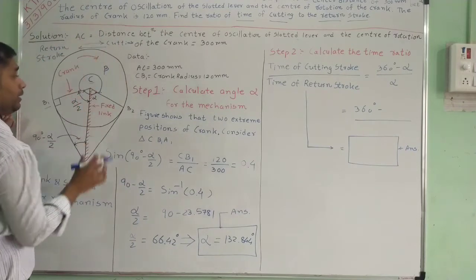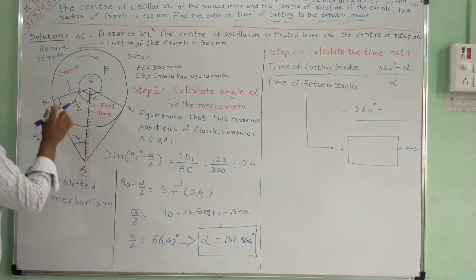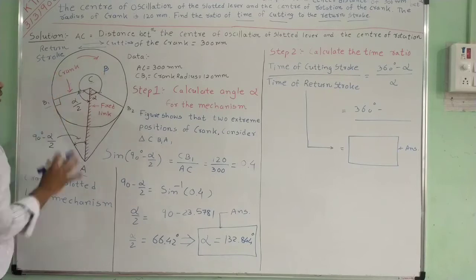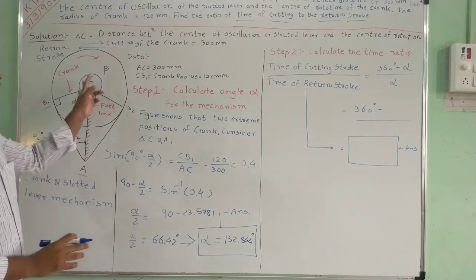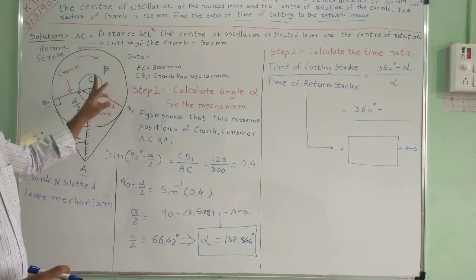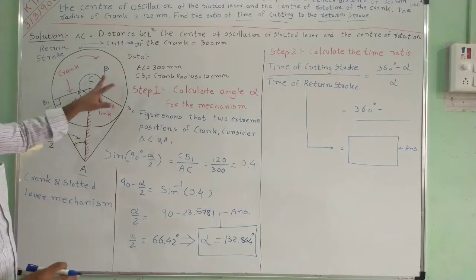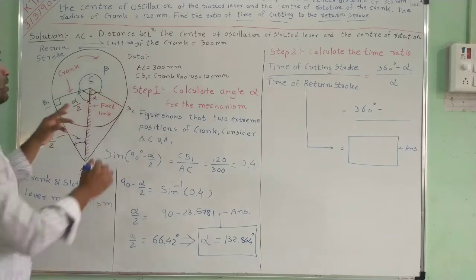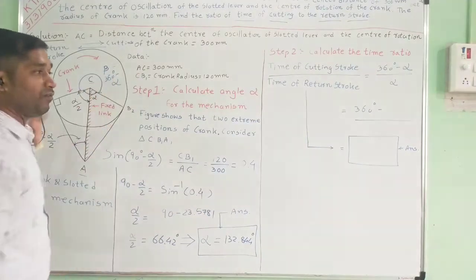The cutting stroke takes more time than the return stroke, and the return stroke takes less time compared to the cutting stroke. That's why the name is quick return motion mechanism. So now this angle beta is 360 minus alpha. Total angle is 360, and beta is equal to 360 degree minus alpha.